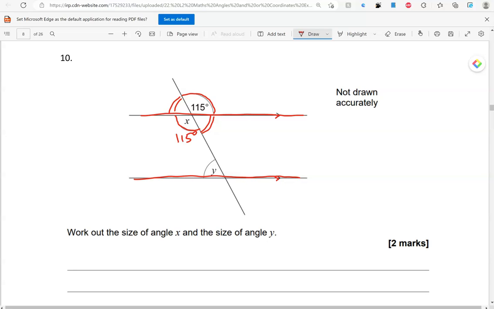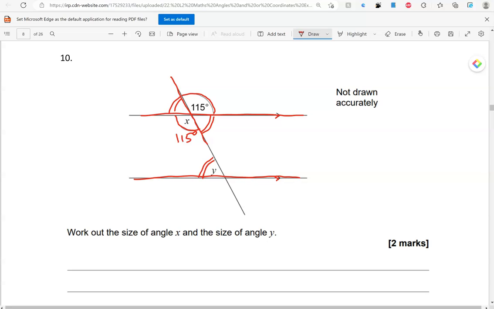Now also, Y is the same as this angle here, so that and 115 degrees, they will make half a circle, which is 180.